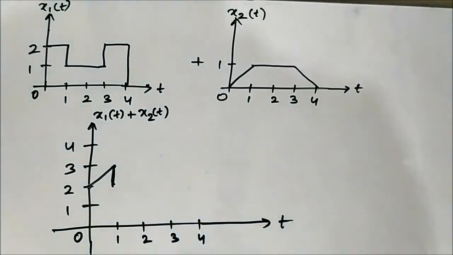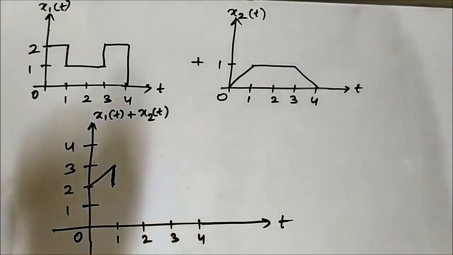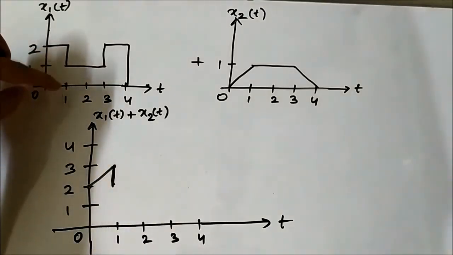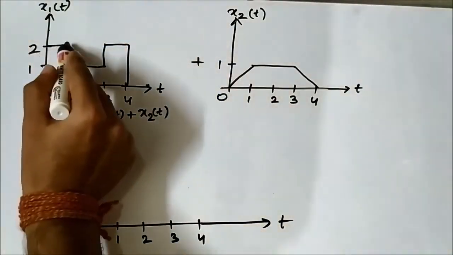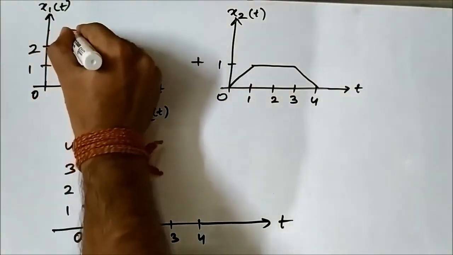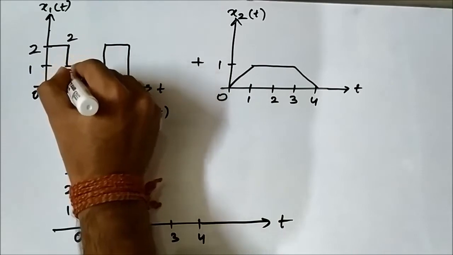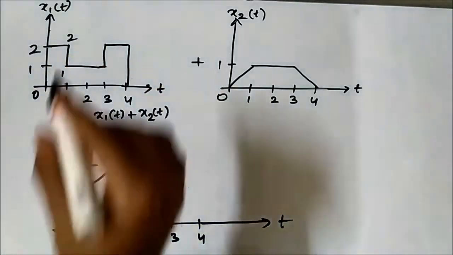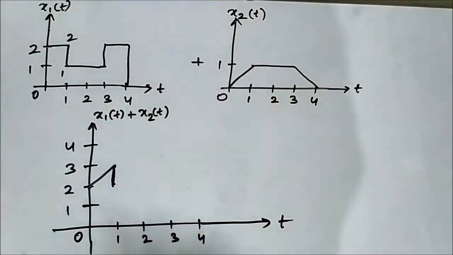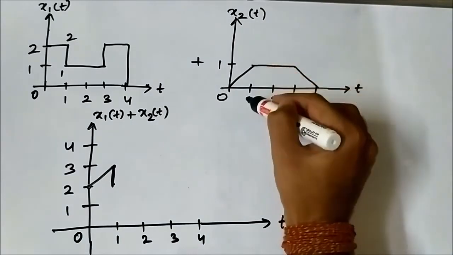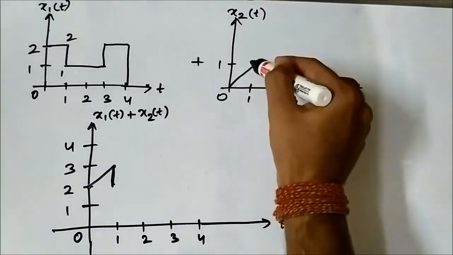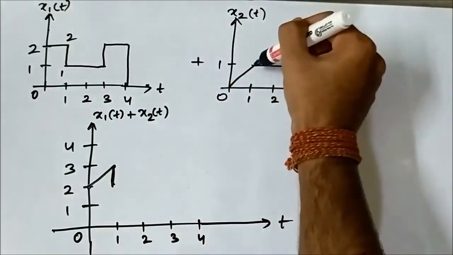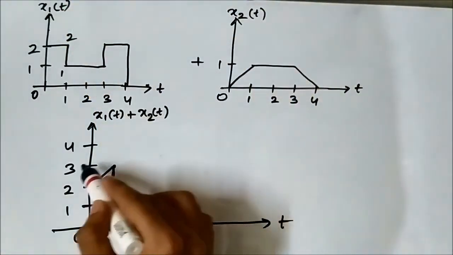Again I will repeat, at t equals 1, x1(t) has two values. This here 2, then it drops down to 1. For x2(t), it has only a single value at t equals 1, which is 1. So for 2, when we add 1 with it, it will be 3.